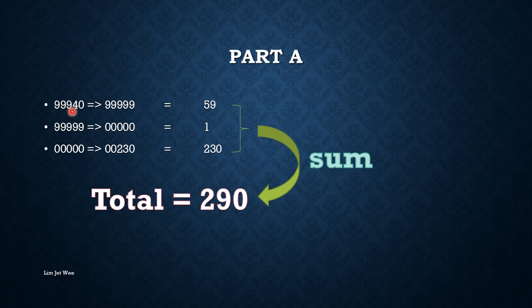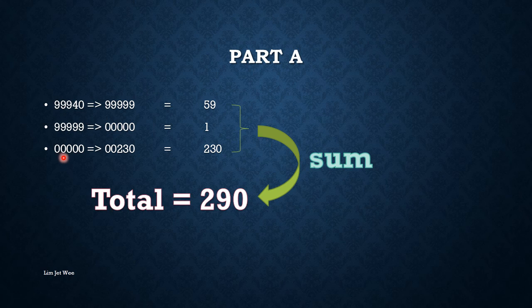From 99940 to 99999, you can do a subtraction and you will get 59. Then you must remember from 99999 you switch to all 0 because it has gone through one full circle, which is 00000. This is actually a 1, because you just move one more.